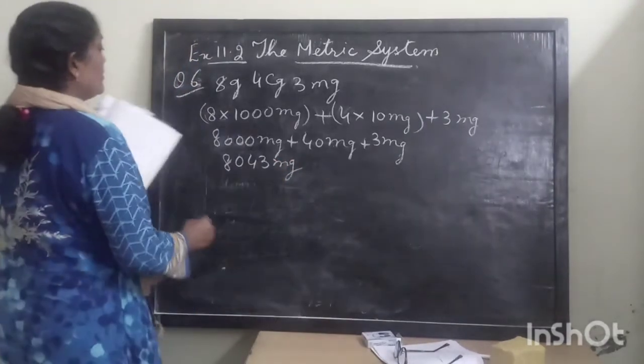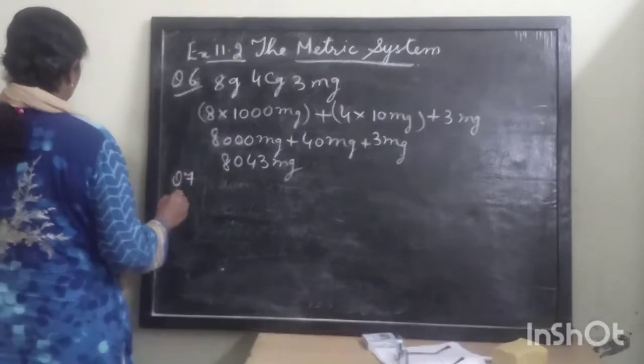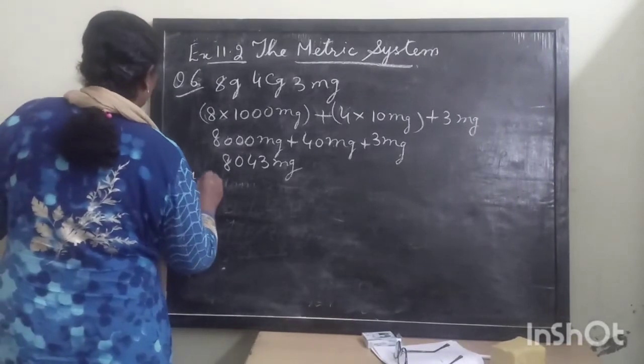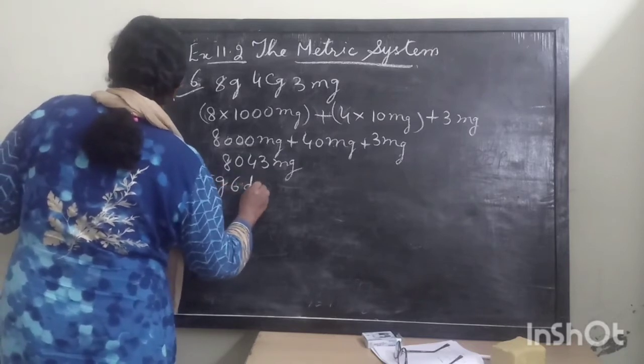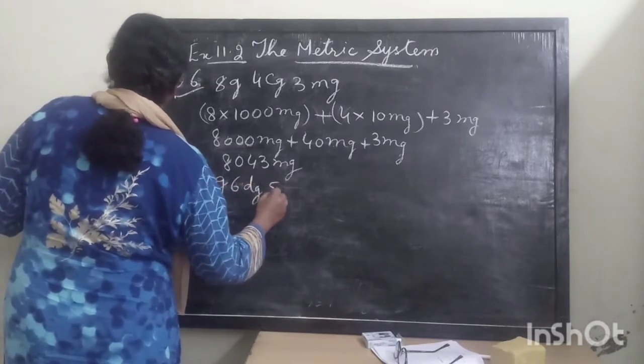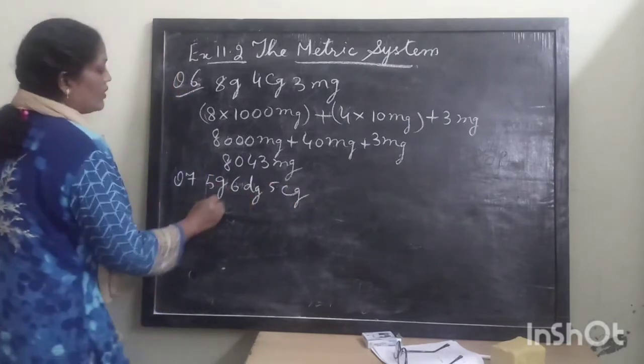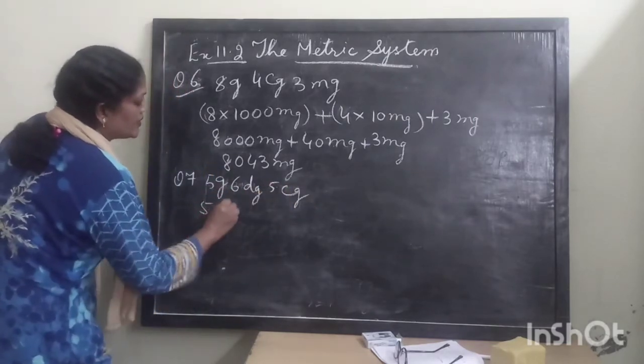Now convert to centigram. 5 gram, 6 decigram, 5 centigram. 1 gram is 100 centigram.